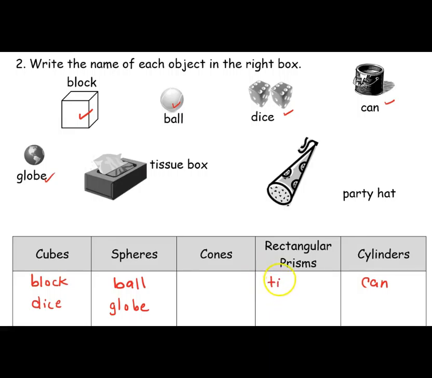So we'll put that here. The party hat would be considered a cone because it has that circular bottom and a pointed top. So these are just another way we can look at classifying these different types of shapes.